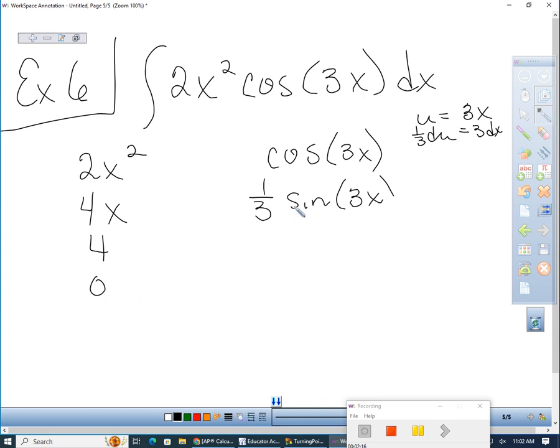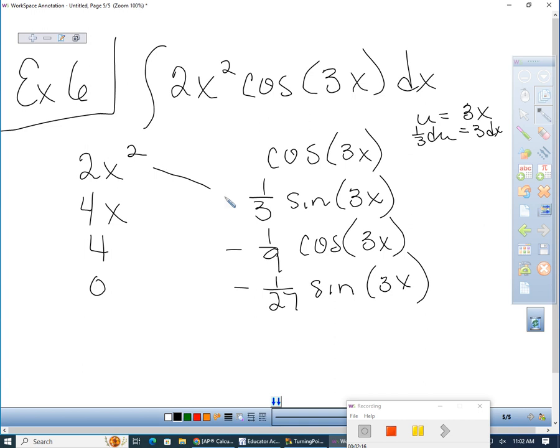Well, first of all, when we go from sine to cosine, it's going to be negative. So this is going to be negative 1/9 cosine 3x. And what's the next one going to be? 1/27. Positive or negative? That would be a negative. Good. Negative 1/27 sine 3x.